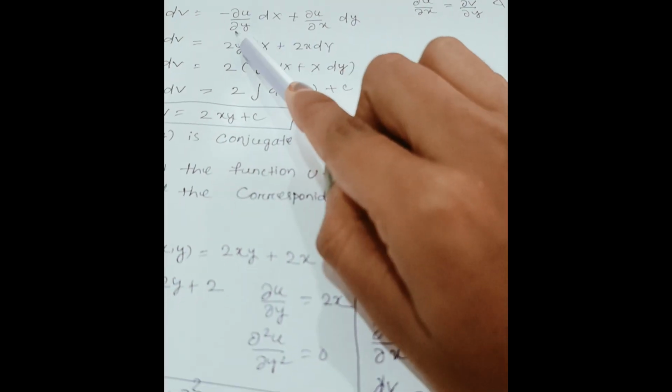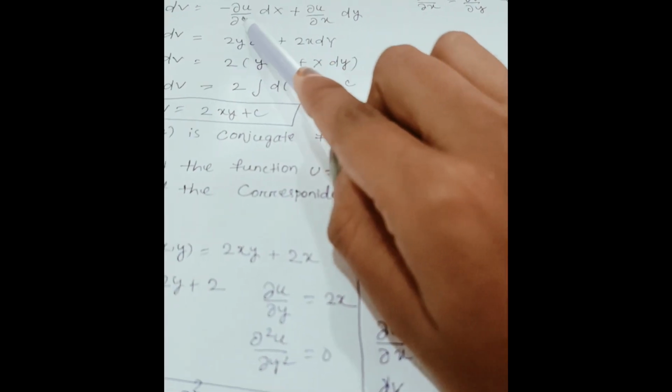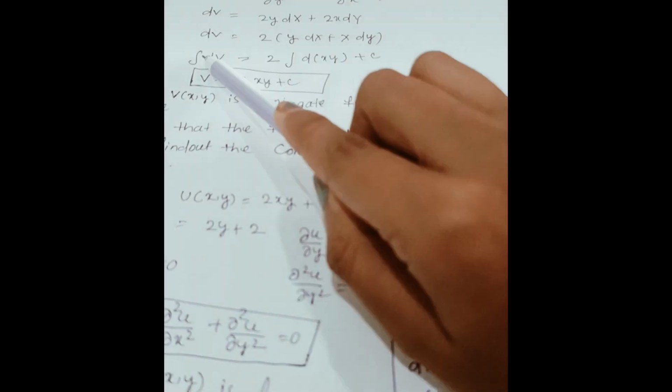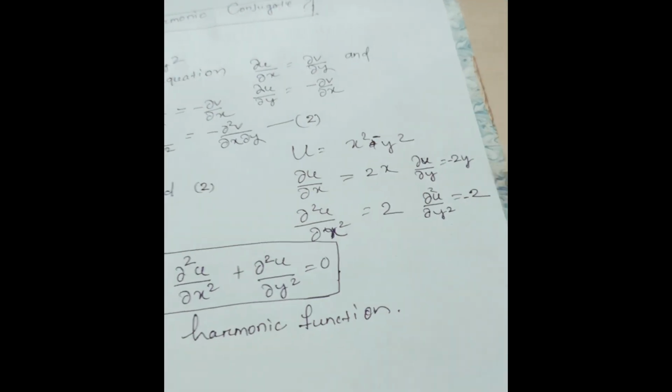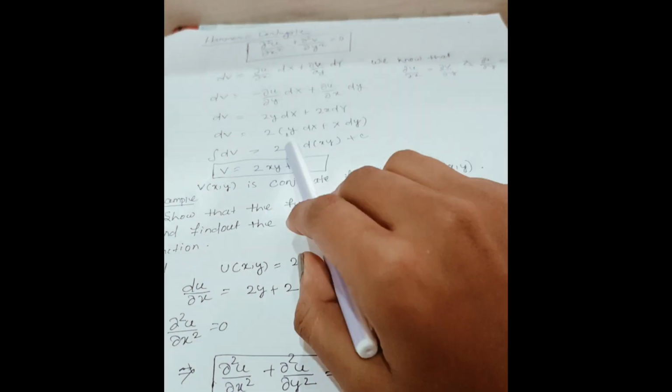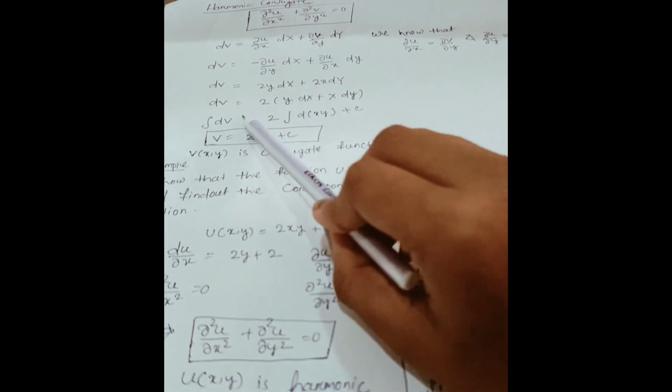So in this equation we put del v by del x equals minus del u by del y, and del v by del y equals del u by del x. So dv equals minus del u by del y dx plus del u by del x dy, where del u by del y equals minus 2y and del u by del x equals 2x.